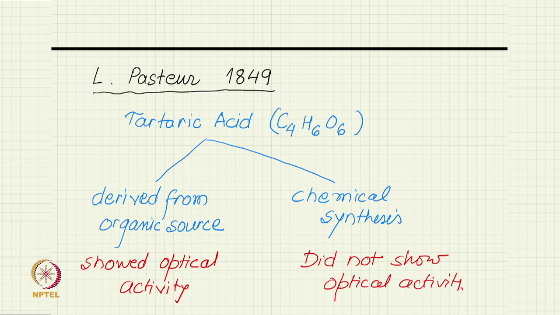So this was a big question of that time, why the same compound derived from different sources, by organic source and by chemical synthesis, is showing this different behavior. One is optically active, another is not optically active.